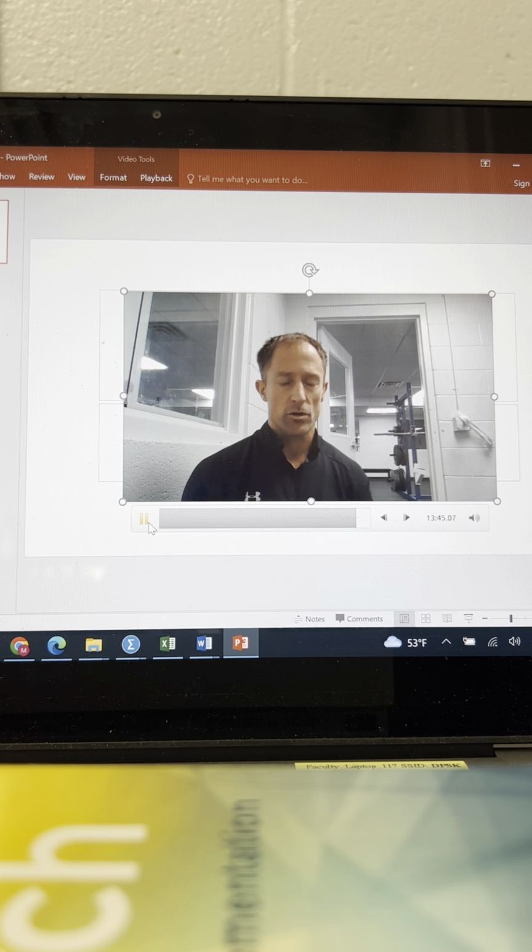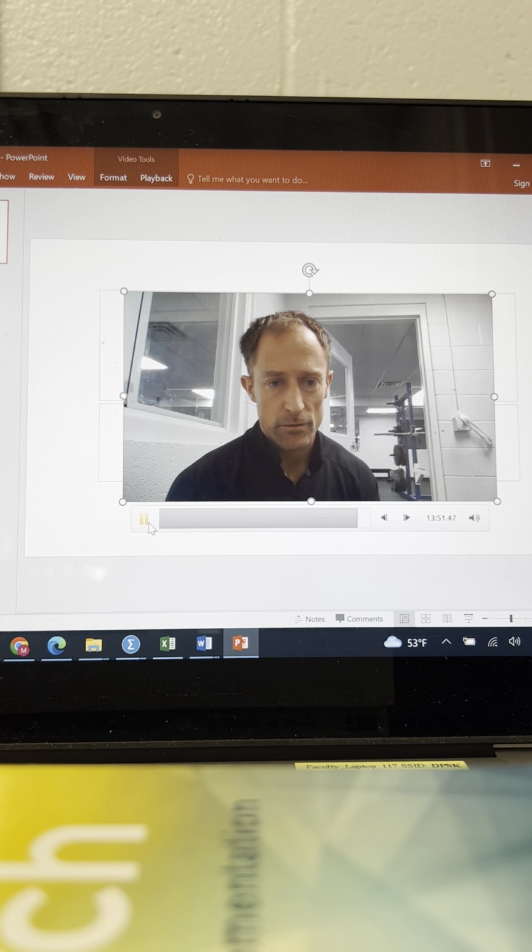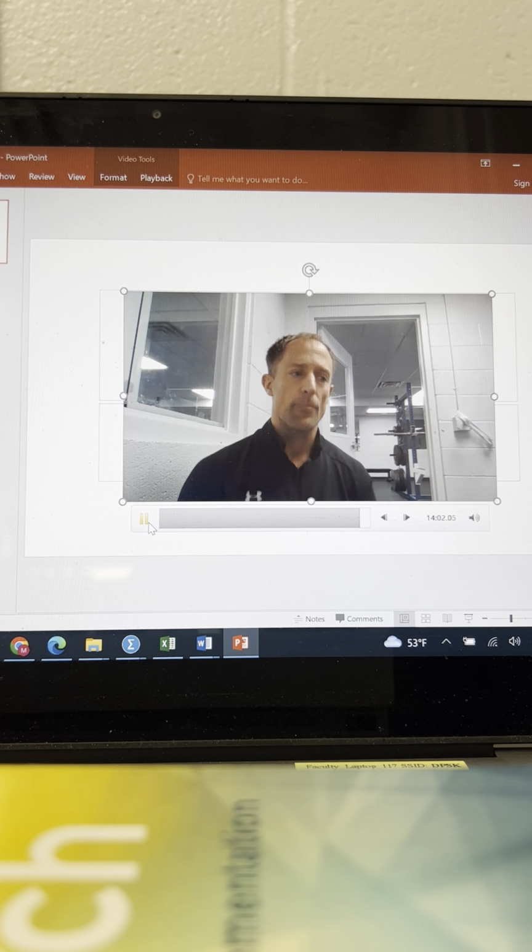When we're talking structural exercises in Russian literature, or isolation exercises, these are your bicep curls. These are your leg curls, leg extensions. They are targeting one muscle, and they're probably better suited for hypertrophy.